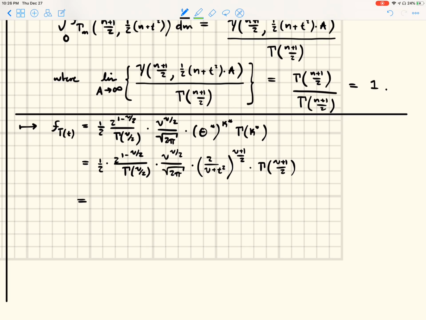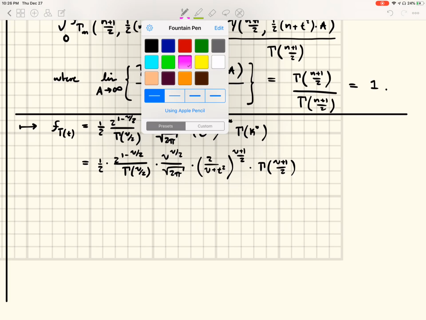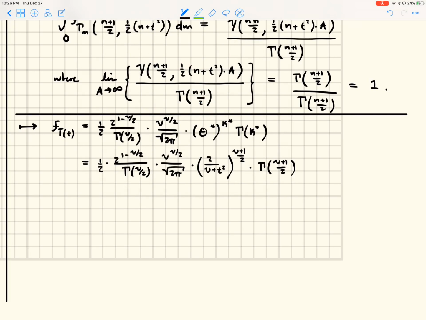Because this term here, this term, right, we notice that we have a term here that merely equals this.